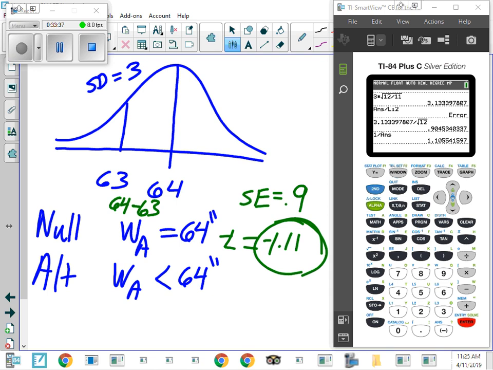What row do I look at? Row 11, which is the number of draws minus 1. So I look at row 11. Where does 1.11 fit in row 11? It's bigger than 10%. So this area over here, we don't know what it is, but it's bigger than 10%.